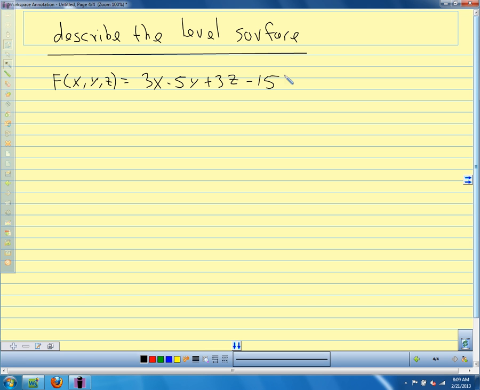So a level surface, what do we do for a level surface? We set it equal to a constant. So we can just pick a constant. What would be an easy constant to set this equal to? 15? Okay. So we get 3x minus 5y plus 3z equals 0 if we set that equal to 15.